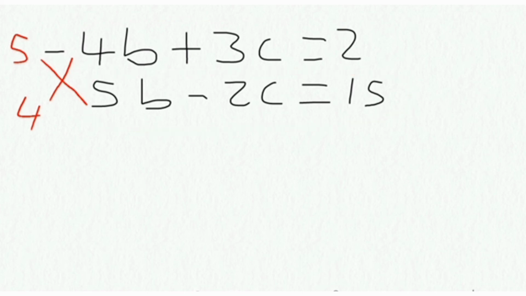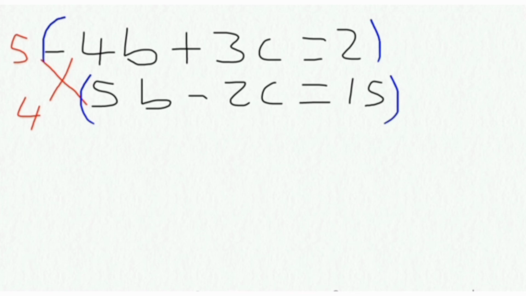The main aim is to make this one the same. You have to be clever. 5 times negative 4 is negative 20. And 4 times 5 is 20. And then this one will be the same. Can you see the point? Let me just put this one in brackets. Yes. Like that.